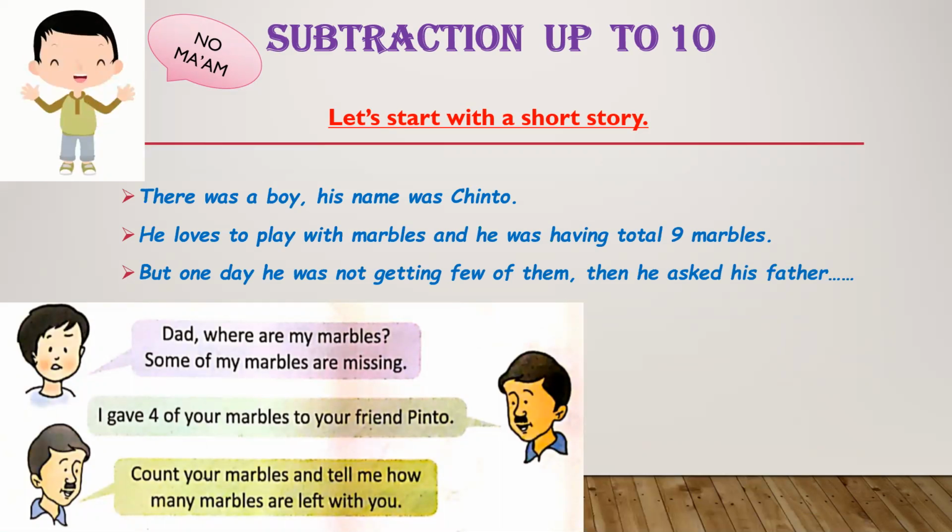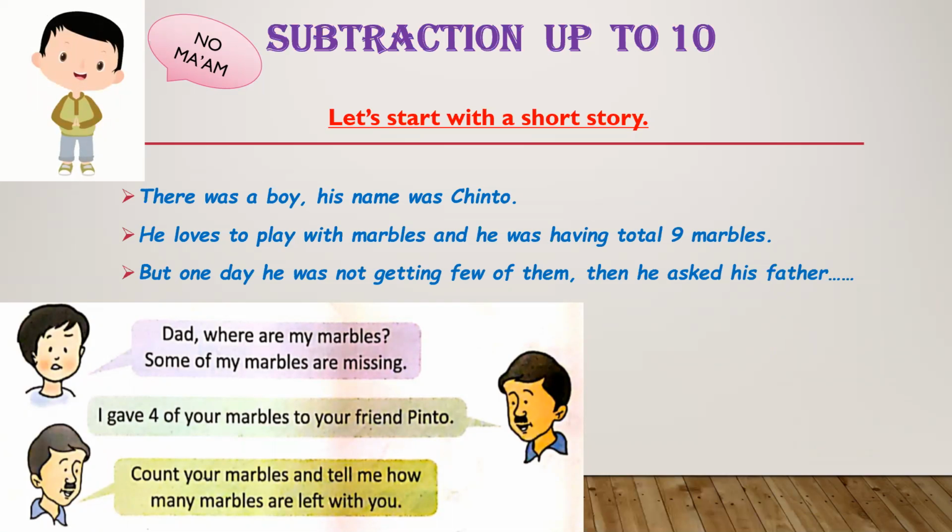Once upon a time, there was a boy named Chintu. He loves to play with marbles and he was having total 9 marbles. But one day, when he was playing with his marbles, he was not getting a few of them.